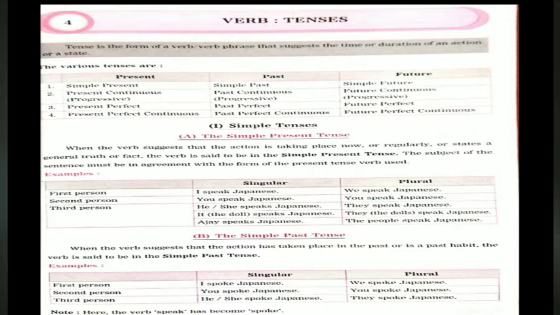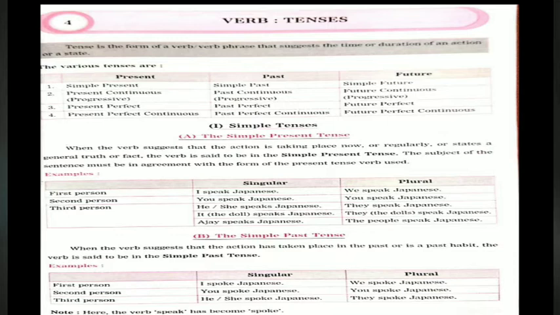Now the simple tense. First we are going to go through the simple tense. A simple present tense is when the verb suggests that the action is taking place now or regularly, or states a general truth or fact. The verb is said to be simple present tense.